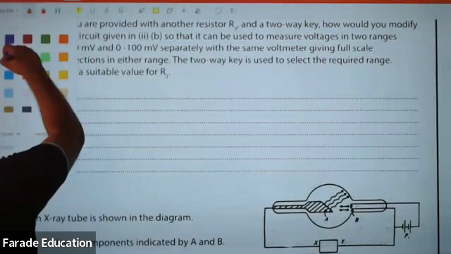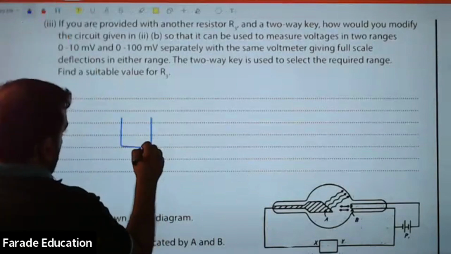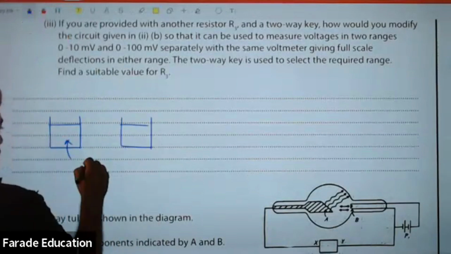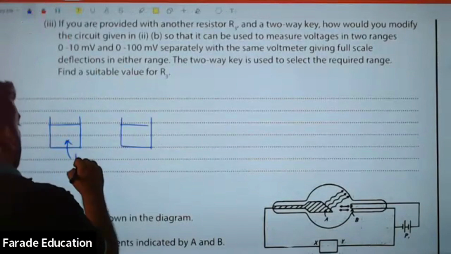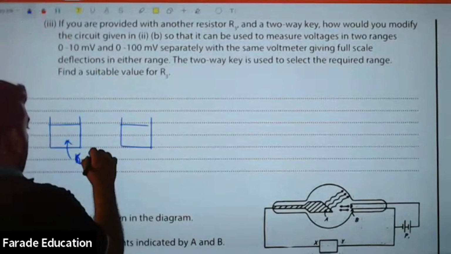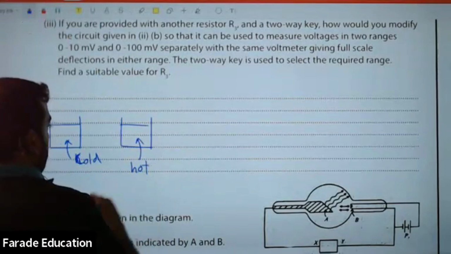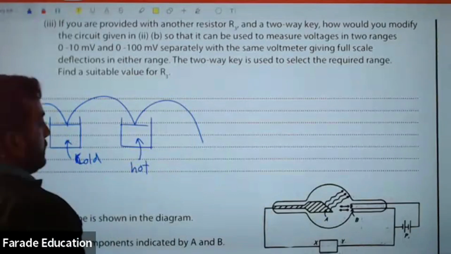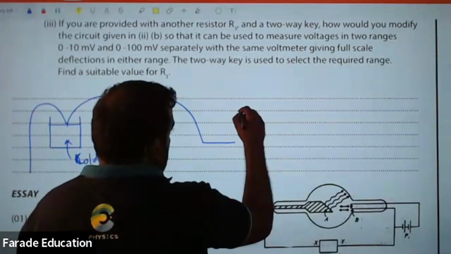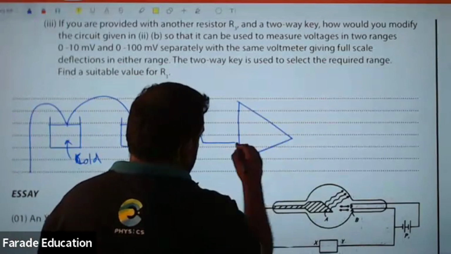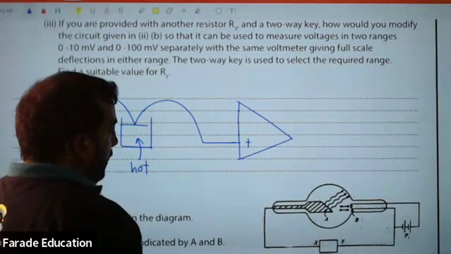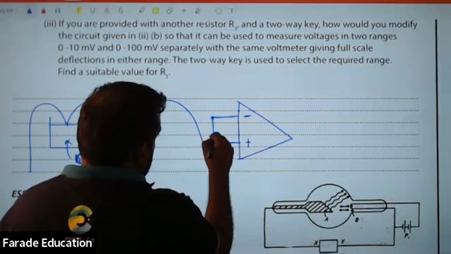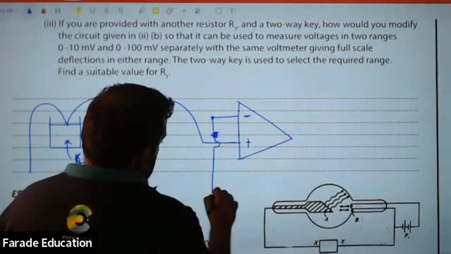Look at it carefully. Here we connect this to V plus, non-inverting input. V minus grounded.